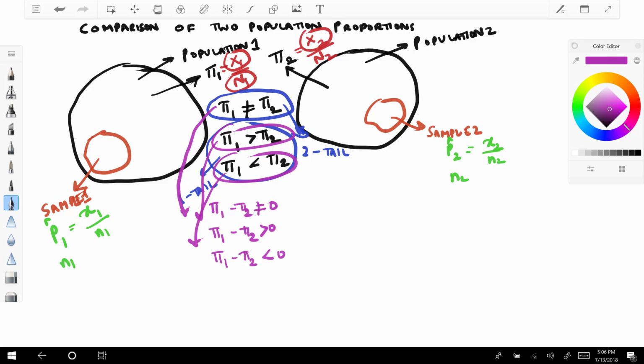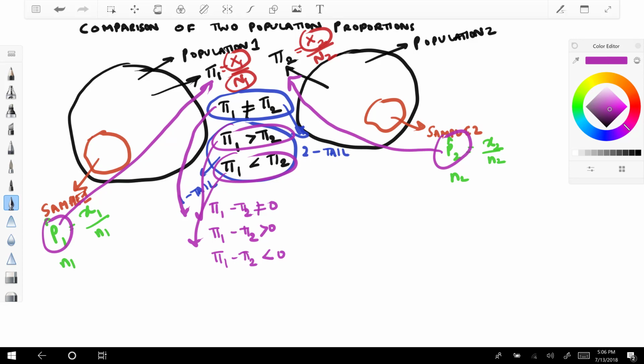Now if you see, the sample proportion here serves as an estimate for population proportion pi 1, and the proportion of sample 2 serves as an estimate for pi 2.